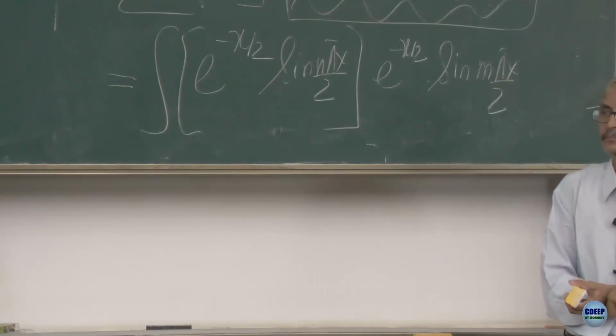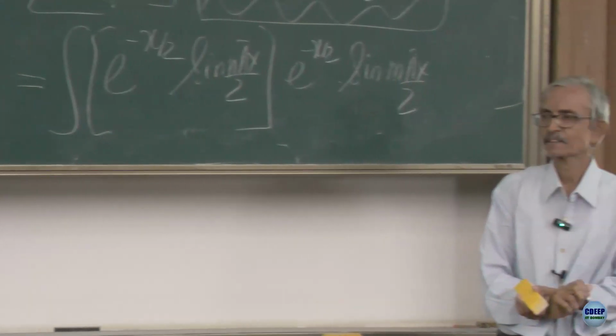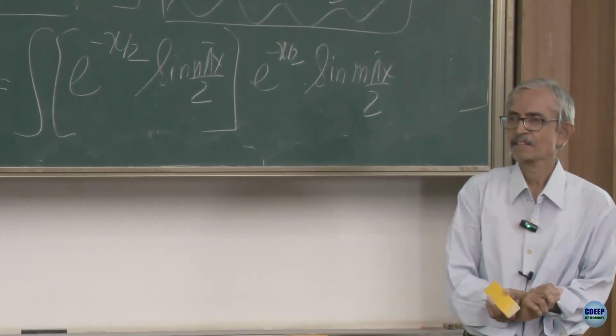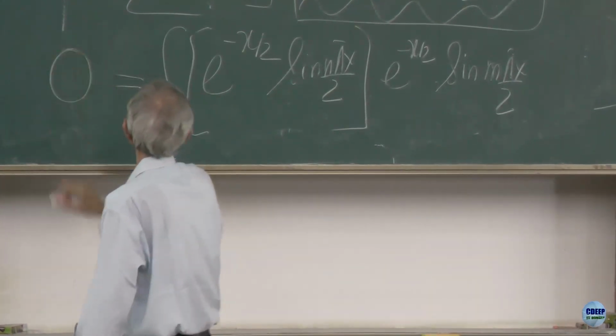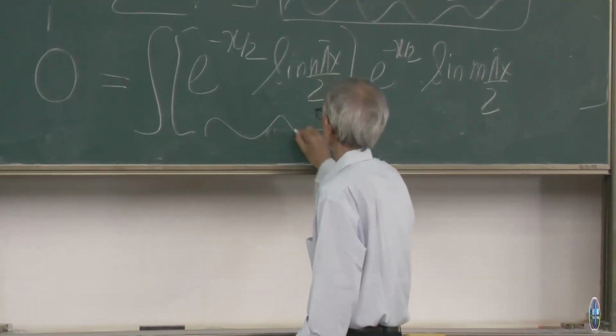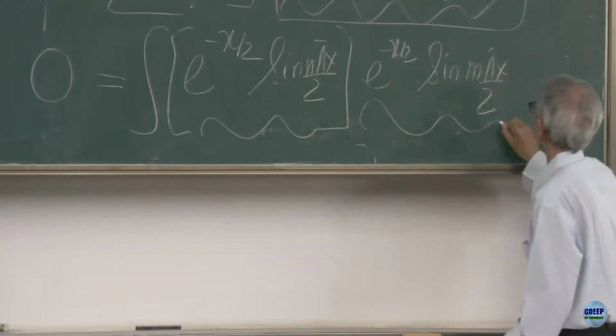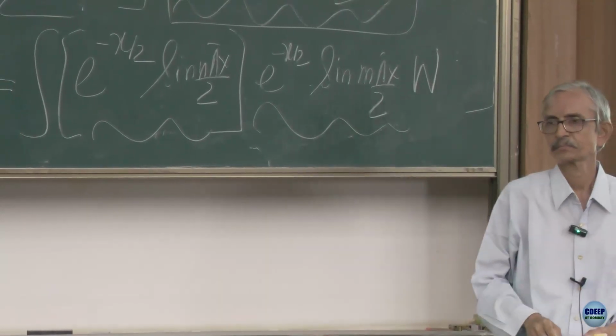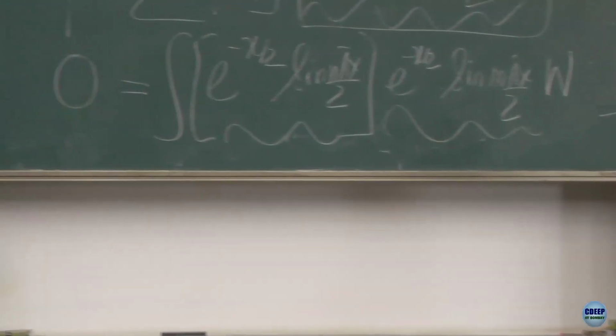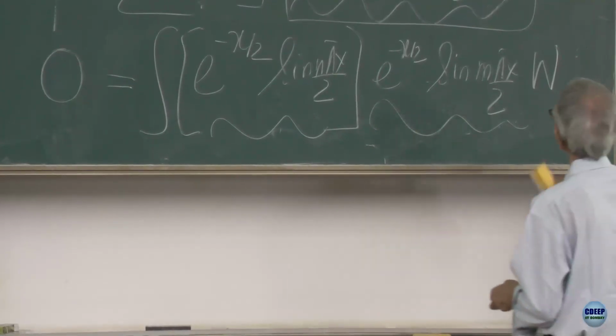Equal to 0. Why? Orthogonal. Okay. This is one function, this is one function. Unless this w is there, this guy is not 0. Okay? Unless that w is there.